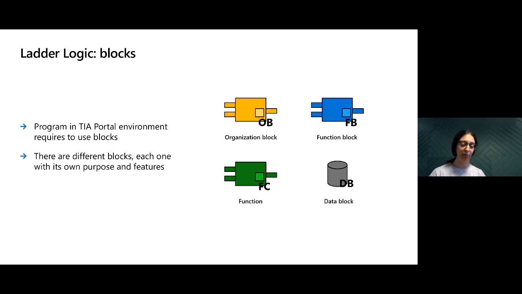The final type of block is the data block, or in short, DB. As its name implies, it is used to store program data. Okay, so if we use this variety of blocks, we can create some very complex logic or subroutines dedicated to a specific device or a unique scenario.